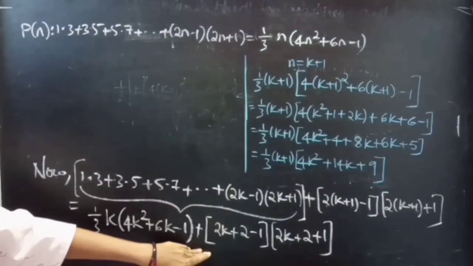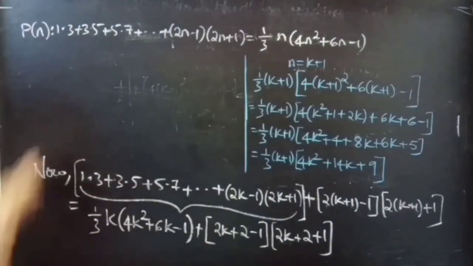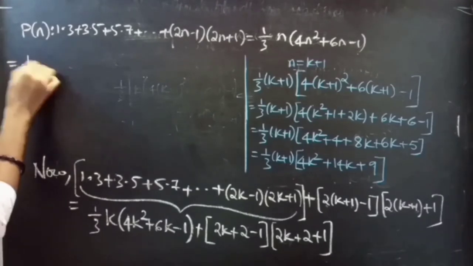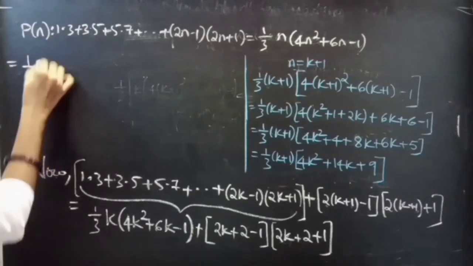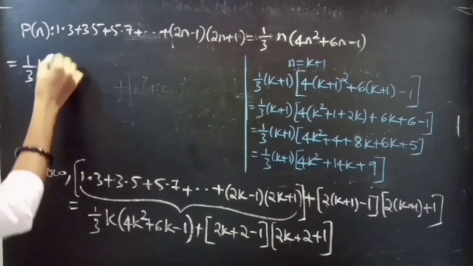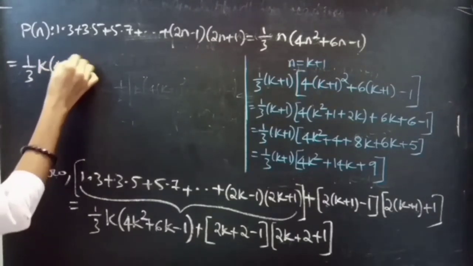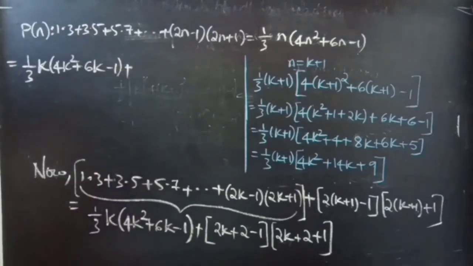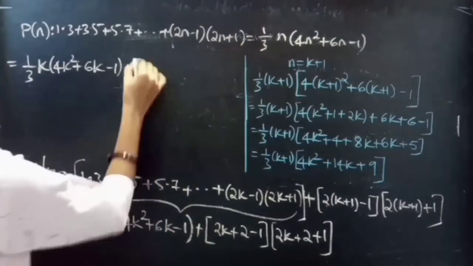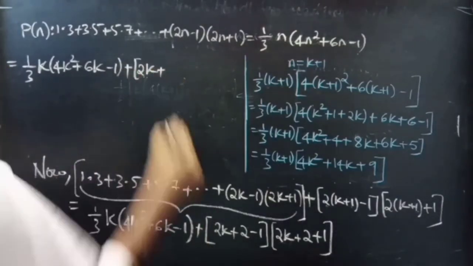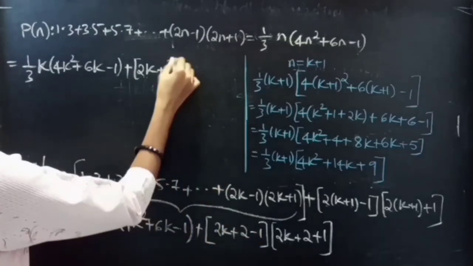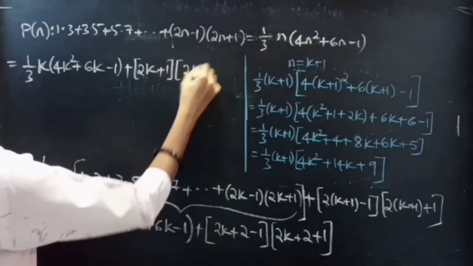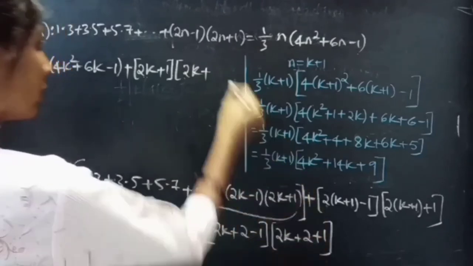Now coming to this step, this equals 1 by 3 into k into 4k squared plus 6k minus 1 plus 2k plus 2 minus 1 is 1, into 2k plus 2 plus 1 is 3.